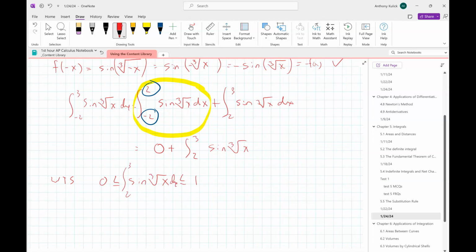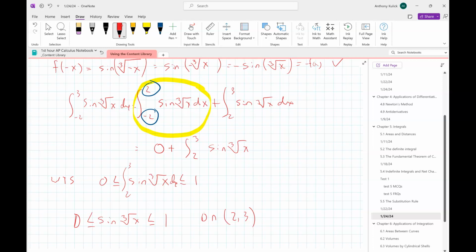So from 2 to 3, sine is in the second quadrant, right? Sine is always positive in the second quadrant. So I know that sine of the cube root of x is somewhere between 0 and 1 on the interval from 2 to 3, right?